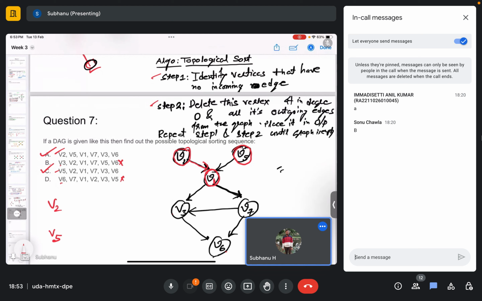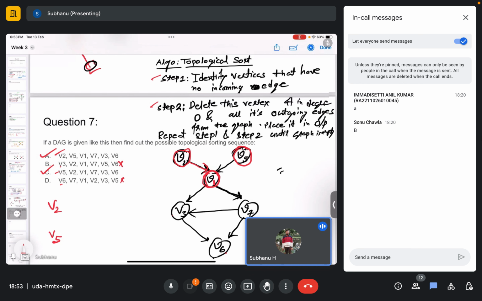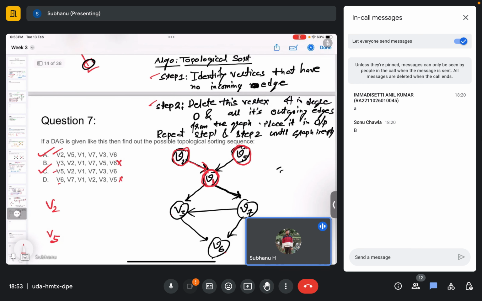But before finishing V1, you must finish V5. Because you can see here, delete this vertex of in-degree 0 and all its outgoing edges from the graph, and place it in the output. So V5 has no in-degree, so you have to place it in the output.